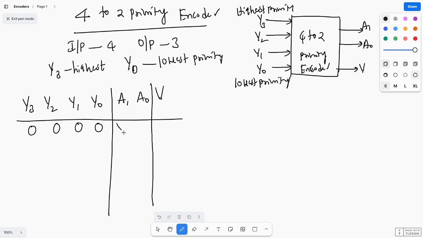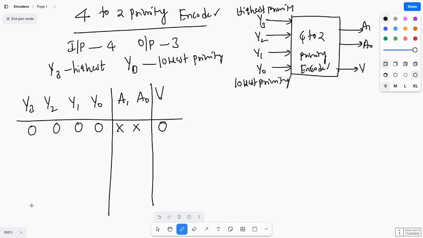Whatever may be a1 and a0, you are getting valid output equal to 0. Valid output equal to 0 means it is checking whether all inputs are valid or not. When any one of the inputs is 1, then the valid output becomes 1.